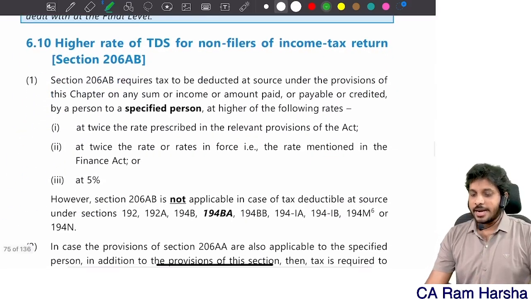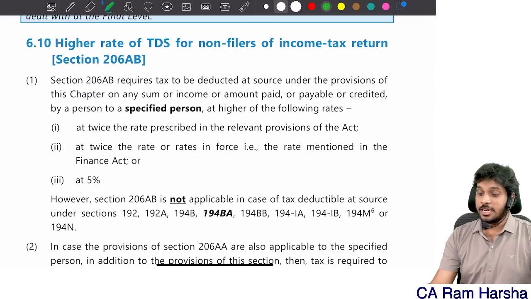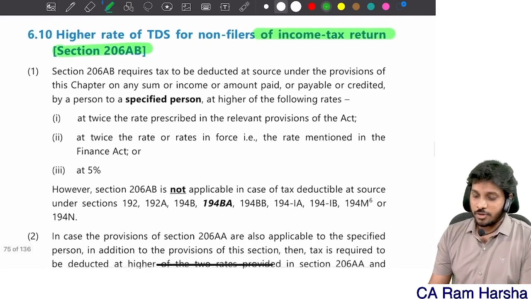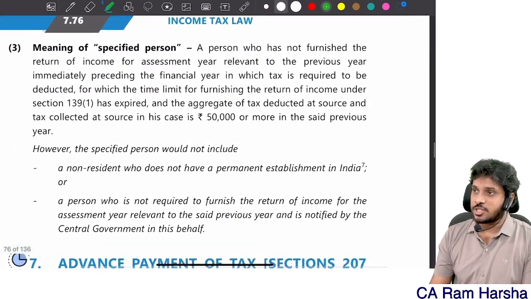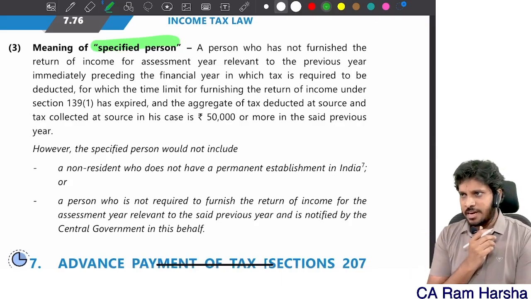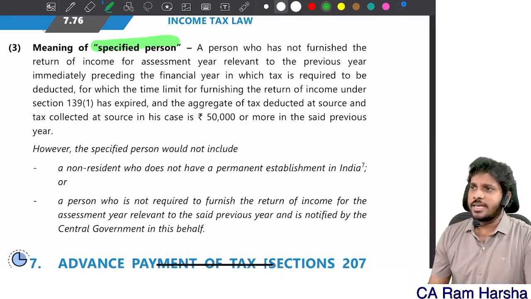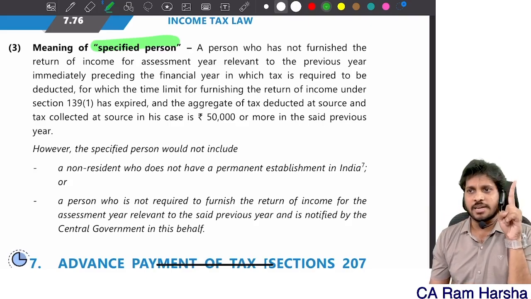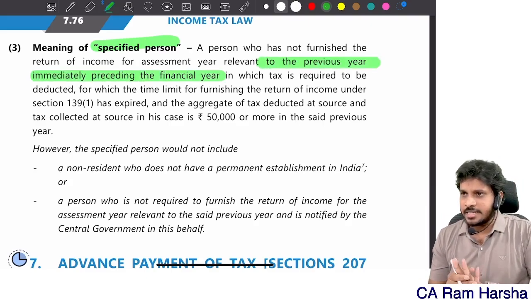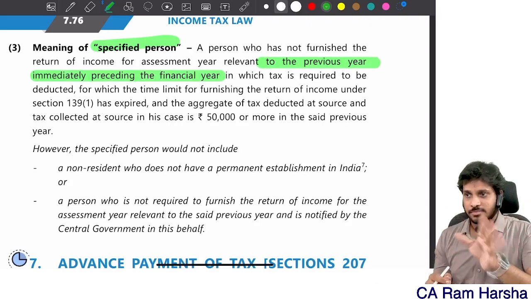Next, higher rate of TDS for non-filers of income tax return. Non-filers. Suppose you are making a payment to a specified person. Who is he? He is the one who did not file the income tax return of the last year, the previous year immediately preceding the financial year, not a 3 years logic.